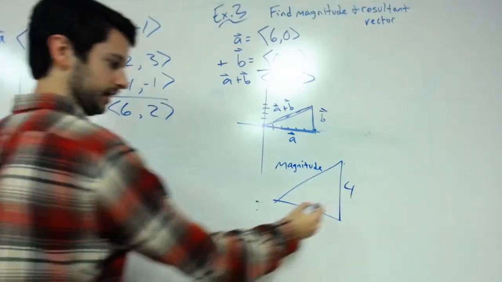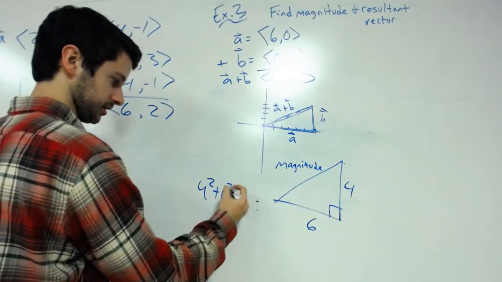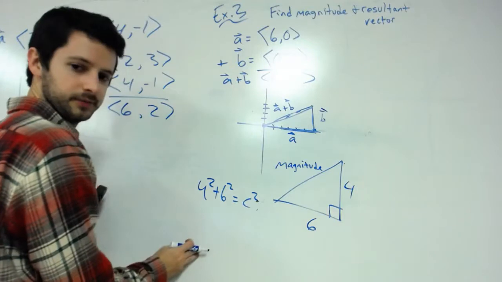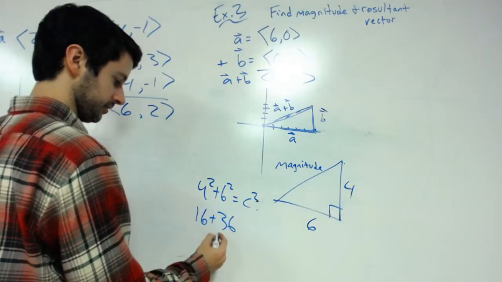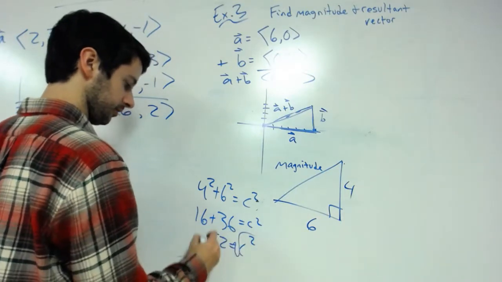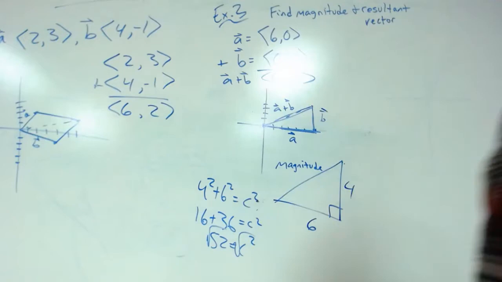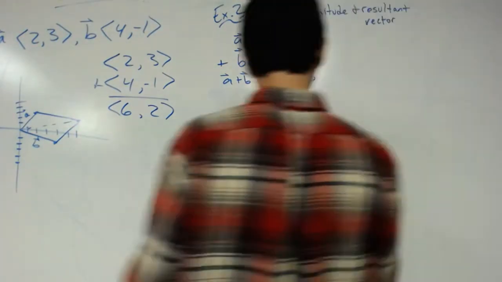And to solve for that, we just use Pythag. So 4 squared plus 6 squared equals c squared. 16 plus 36 is 52. Square root of 52, check what that is in my calculator. It's roughly 7.21 units.